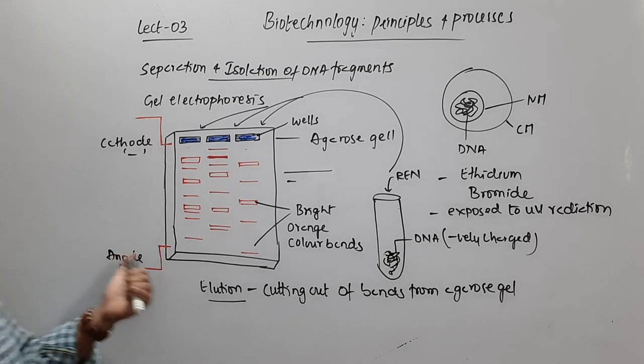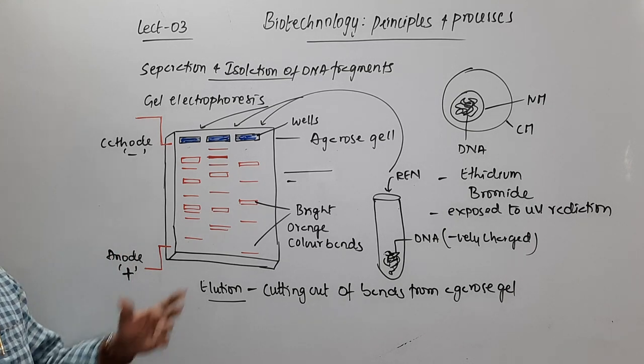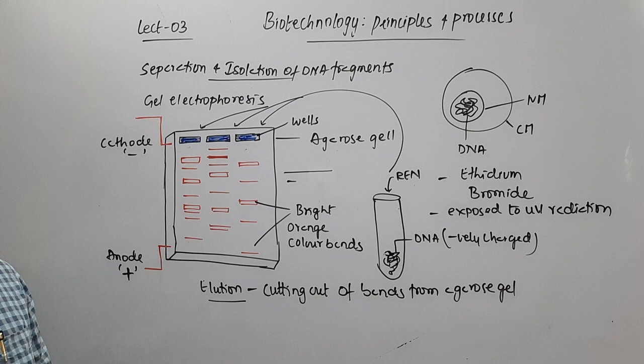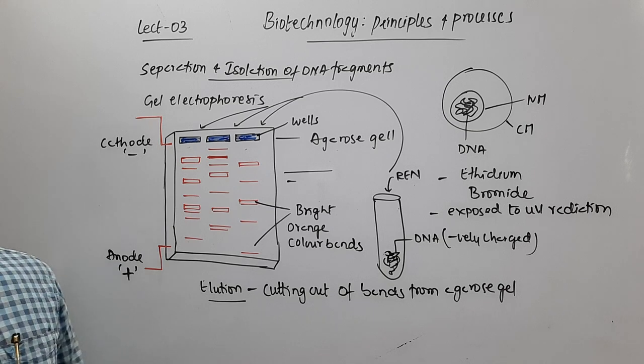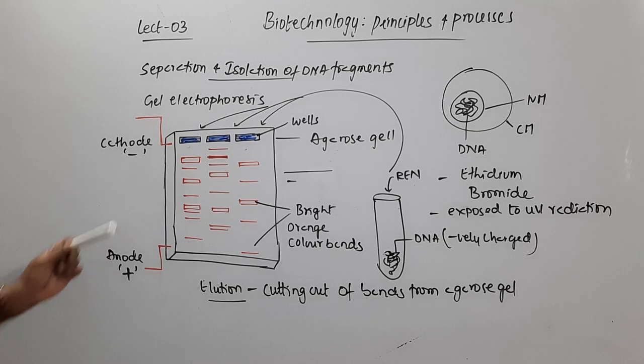After that, we will be identifying the gene of interest from those DNA fragments, and those will be used to construct our recombinant DNAs, right? So that's about the separation and isolation of DNA fragments.